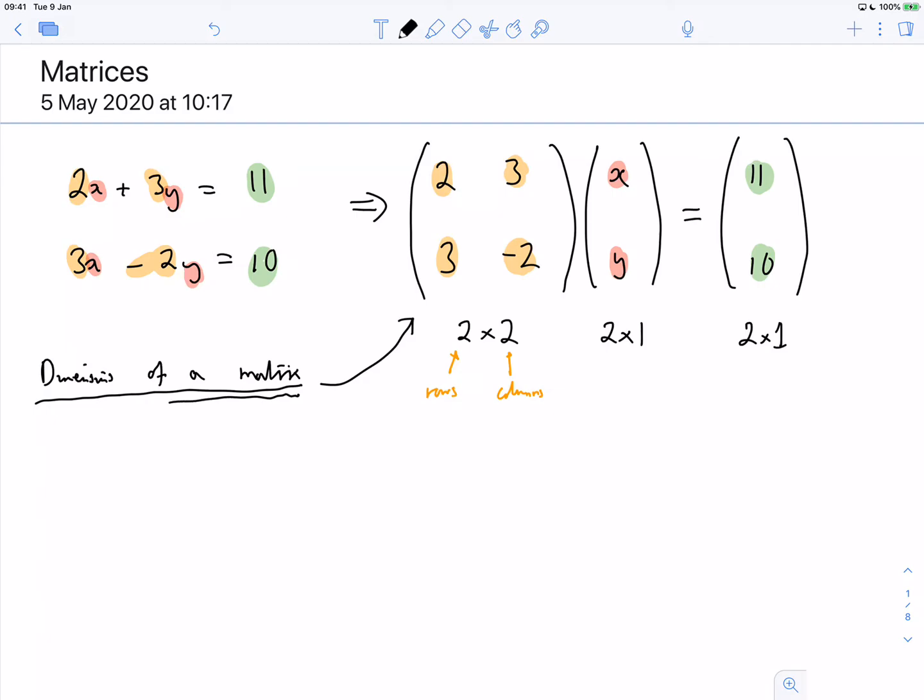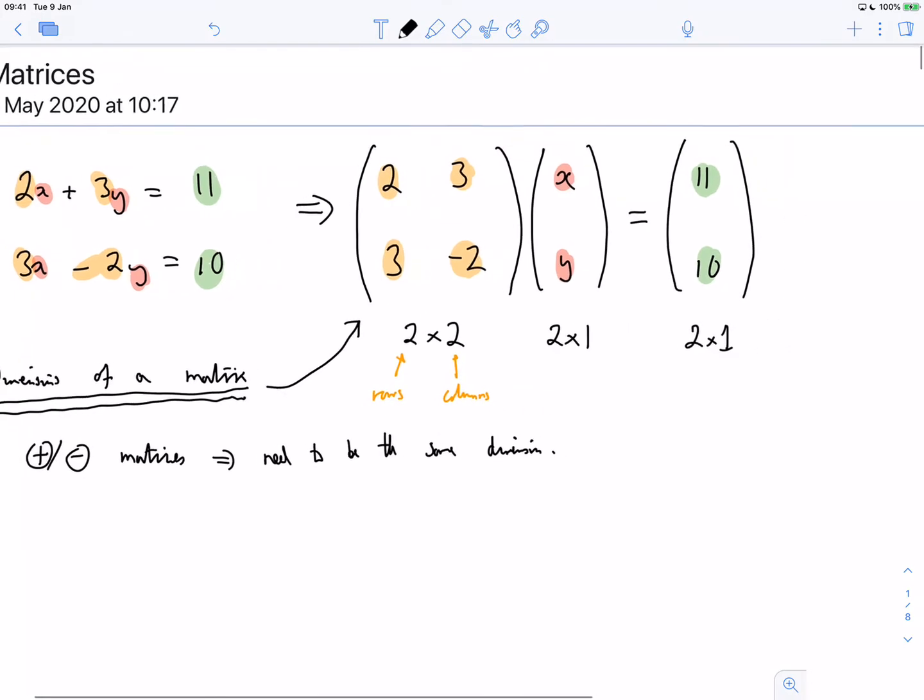Now, important thing. Adding and subtracting matrices, the matrices need to be the same dimension.